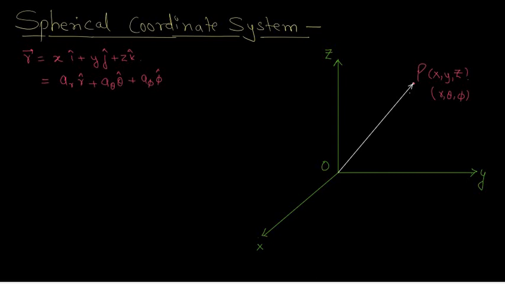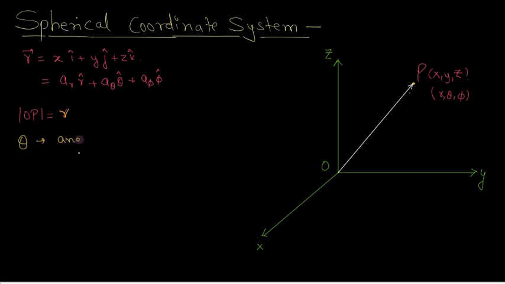The mod of vector OP is your r. That is the position of the point P in the spherical polar coordinate system, that is, the distance from the origin to that point. Now, what is theta?